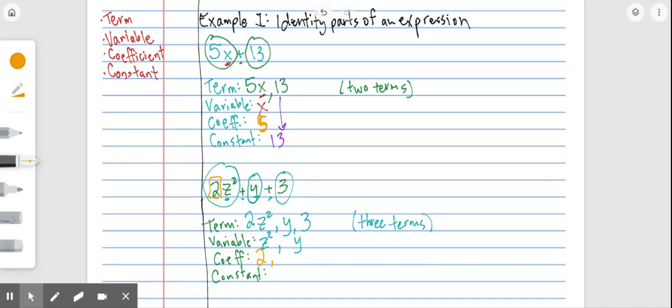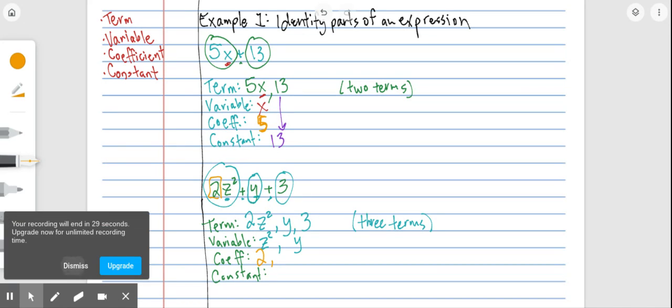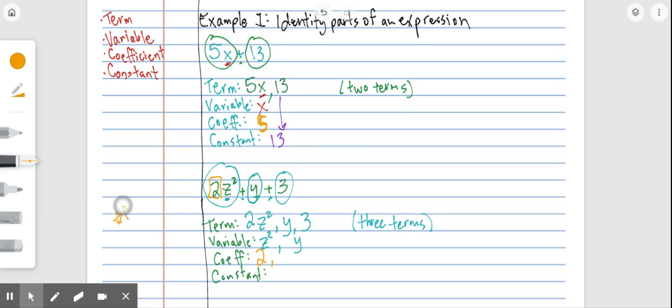So remember, when there's no clear coefficient, then the number 1 is the coefficient. Okay, so 1 is the coefficient of y, because there's a little hidden number 1 here. And last but certainly not least is the number by itself, which is 3. All right, so that's it for example 1.